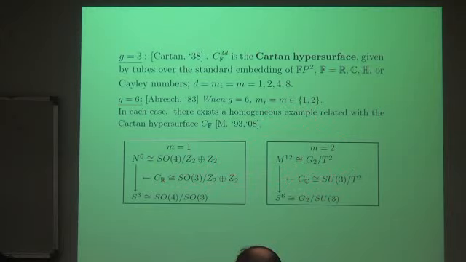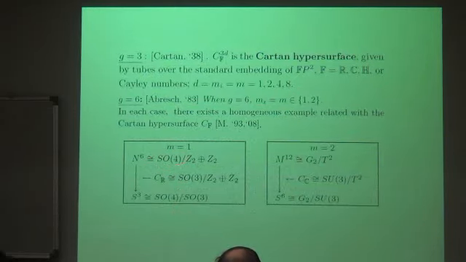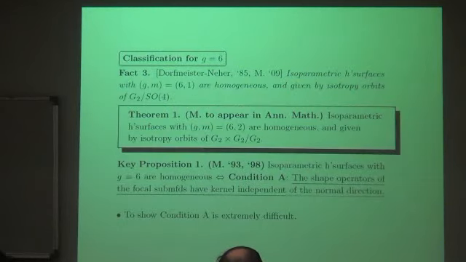So the homogeneous example is easy to understand through this fibration structure. However, the problem is whether there are other examples or not in the g equals 6 case. So Dorfmeister and Neher proved that when the multiplicity is 1, all isoparametric hypersurfaces must be homogeneous. They are given by this example as an SO(4) orbit. And this was already almost 30 years ago.